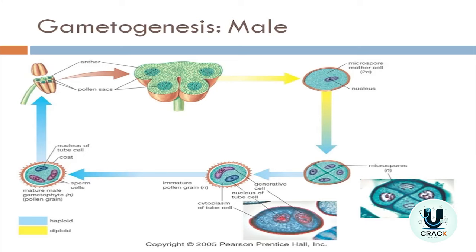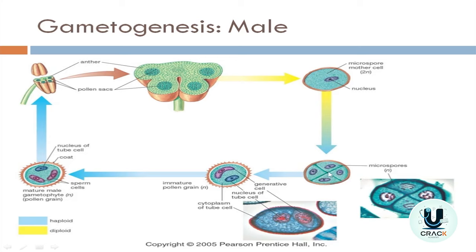Look at this picture, which is most important. If you cut into it, you can see some pollen sacs. Anther is present on the outer layer. This is the microspore mother cell, 2n, in a sense diploid, with the purple center dot being the nucleus. In the other picture, you can see the microspores.